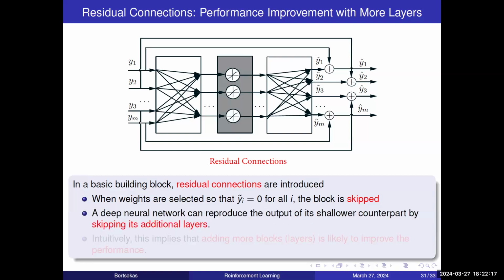So a deep neural network can reproduce the output of its shallower counterpart by skipping its additional layers. Intuitively, this implies adding more blocks is likely to improve the performance, and this turned out to be the truth, and is one of the cornerstones of the current state of all the successful neural network applications we know.